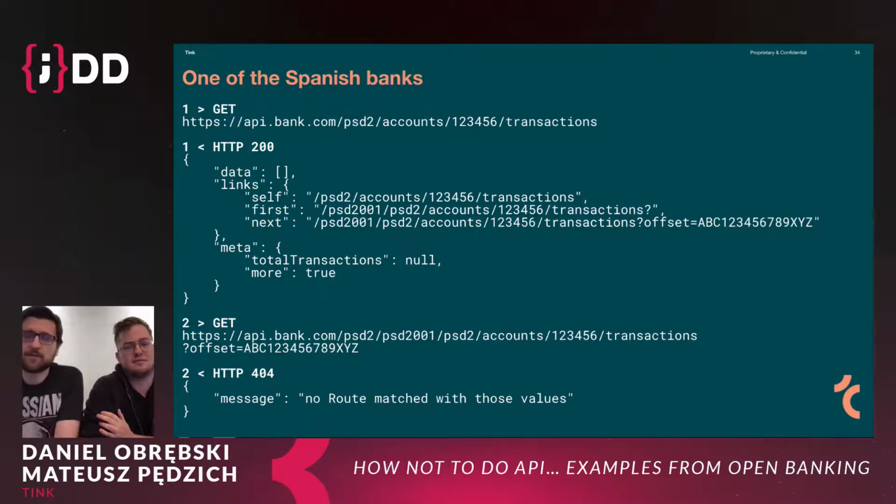After checking the logs, we found out that suddenly the link to the next page of transactions had changed. As you can see on the slide, in the first response they added the additional value PSD22001.